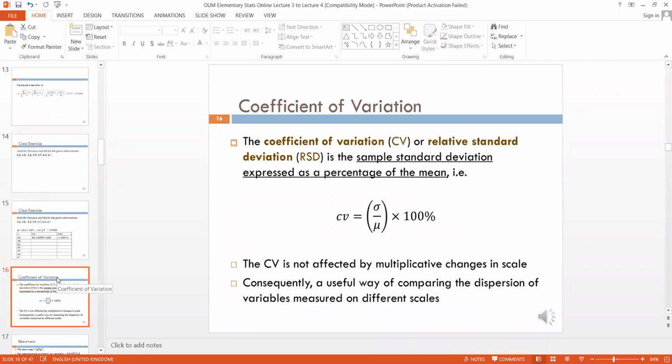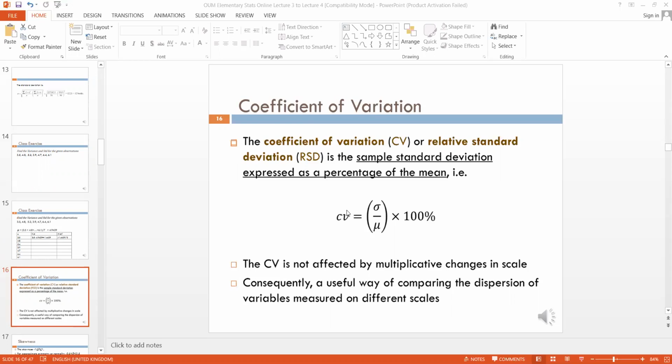The coefficient of variation, or what we refer to as the relative standard deviation, is simply the standard deviation expressed as a percentage of the mean.